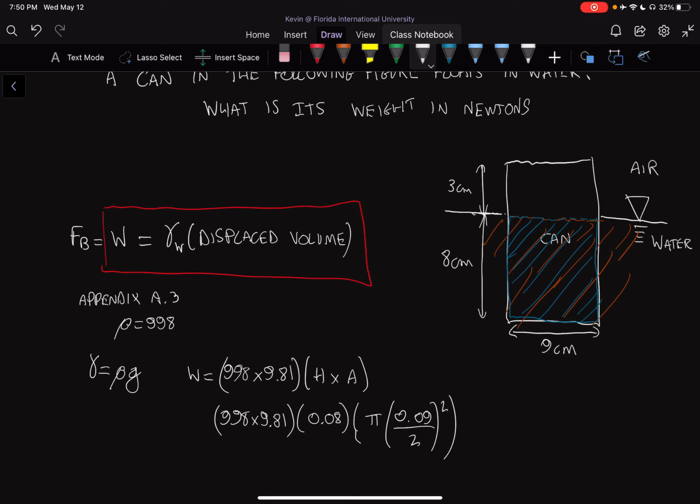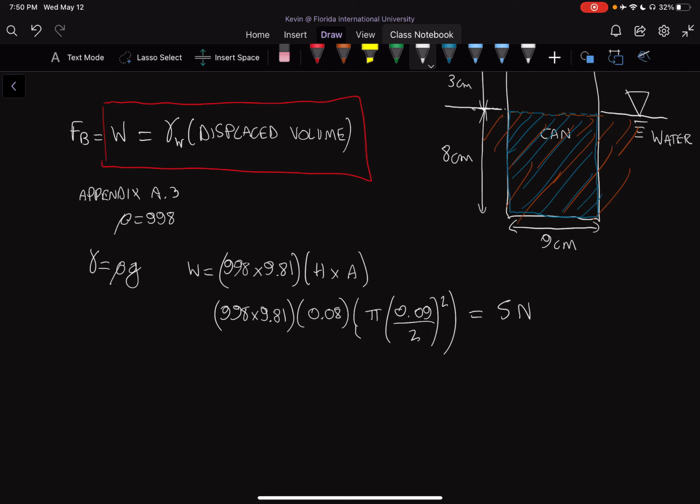So that would be the area. And we find out that our value is 5 newtons. So the weight of the can is 5 newtons. And it turns out that this value here is the displaced volume of water.